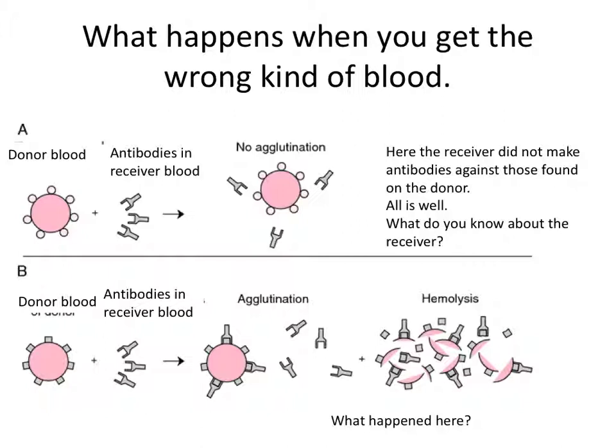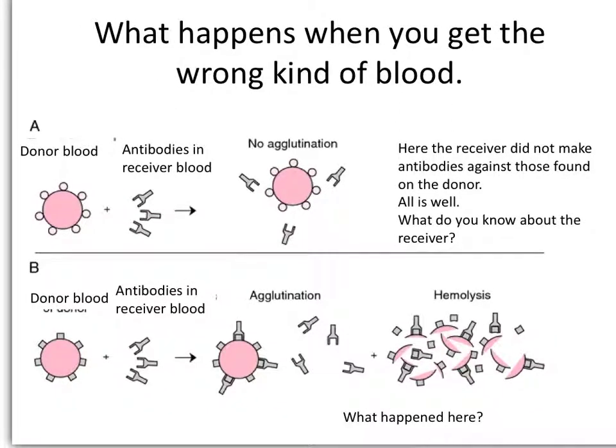So in scenario A, shown on the top of this figure, the donor blood has antigens on it, and these little round circles are depicting the antigens. In this part of the figure, we're seeing the antibodies that are present in the receiver blood, the person who's getting the blood. And what we'll note is that the antibodies are not binding to the antigens.